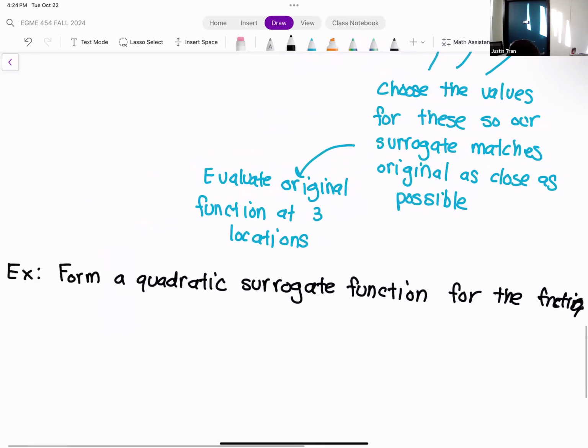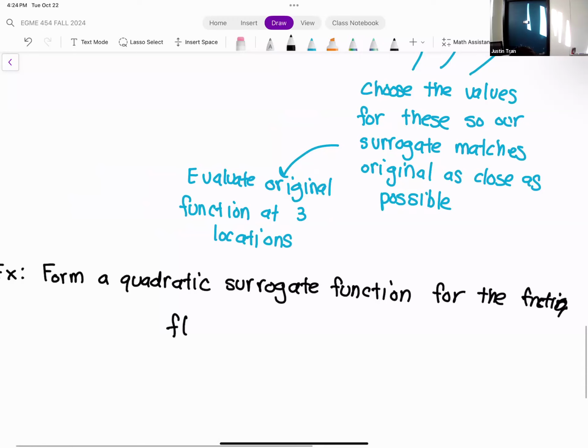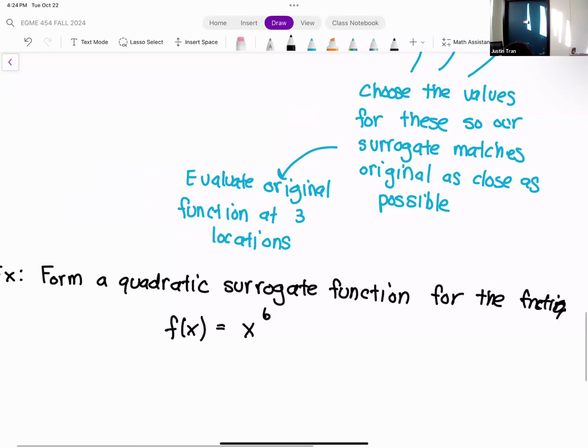So we have our original function here, f of x, is going to be equal to x to the 6th power minus 9x cubed plus 2x squared minus 11. Okay. All right. So we have a 6th order function here, and we want to approximate this with a surrogate function that's quadratic.